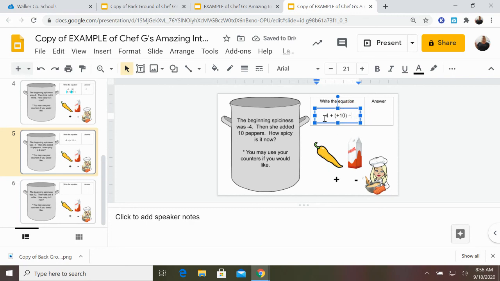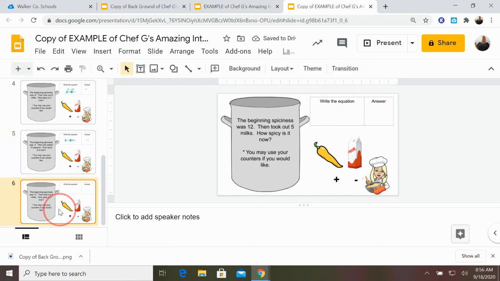I see that my signs are different. And different signs means I'm going to subtract. 10 minus 4 is 6. And the number with the largest absolute value is 10, so that means my answer is positive.